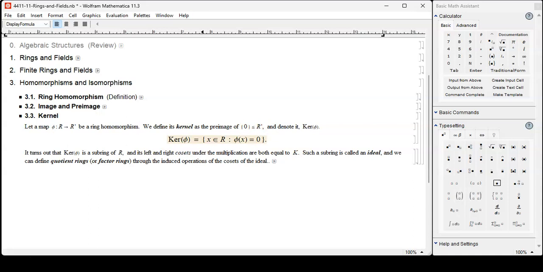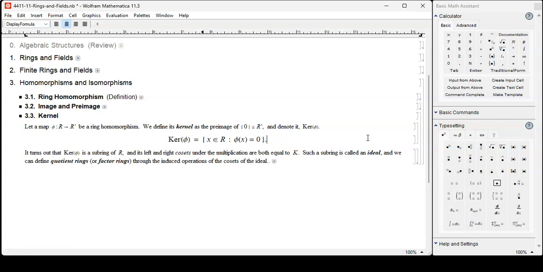In any case, the additive identity is 0. Yeah, for simplicity, we can write like that. And that kernel is any element of the domain that is mapped over to 0, and the set of all those is called the kernel.